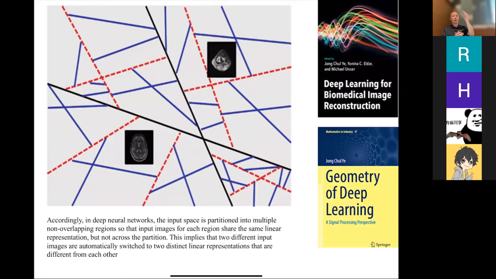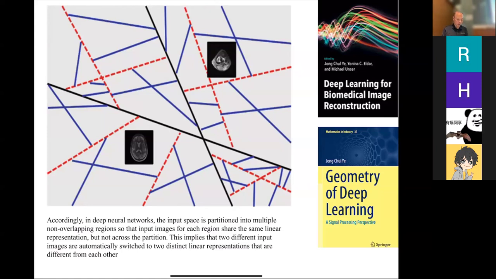But because it has these nonlinearities in the deep learning networks, it's able to sort of say, okay, if I get a knee image, I'm going to put you in this solution space, and it optimizes you there. If the input data looks like it's coming from a brain, I'm going to put you over in this solution space. So it's actually able to sort of almost assign you to the right space, because every nonlinear unit is almost like a decision point.